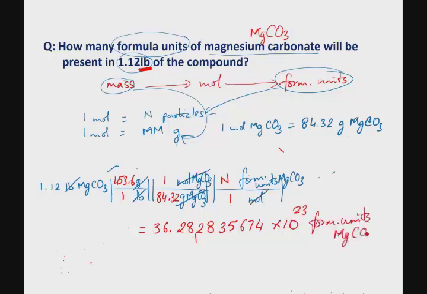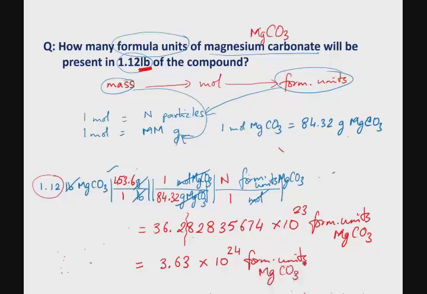Now this answer is neither in the correct scientific notation nor in the correct number of significant figures. So we need to account for both. We need to give the answer in 3 significant figures and also in correct scientific notation. So when you do that, the final answer becomes 3.63 times 10 raised to 24 formula units of magnesium carbonate.